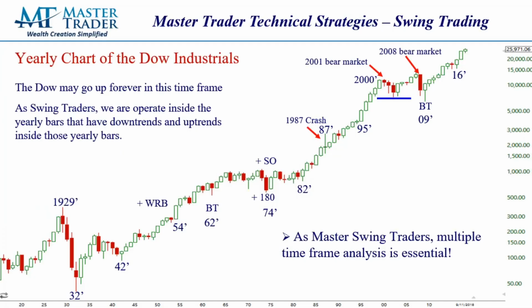This is a yearly chart of the Dow, as you can see, and I provide this to put the market in perspective. Now, we don't trade the yearly chart, but knowing what the market is doing long term, or even a sector, puts it in perspective of this market is going up essentially almost forever.